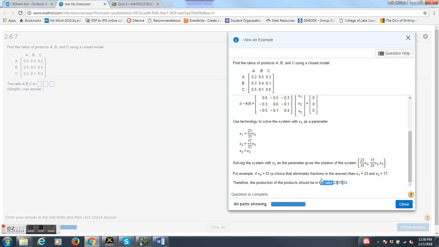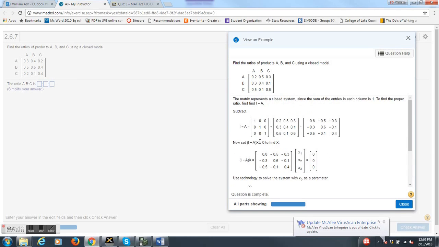So anyway, like I said, I'm not actually sure what exactly we're doing here, or what exactly a closed model is, but I can say this: when it says find the ratio of products using a closed form, this is what you do. You do the I minus A, to get your new matrix, then tack on a column of zeros, put it in reduced row echelon form, and get this.